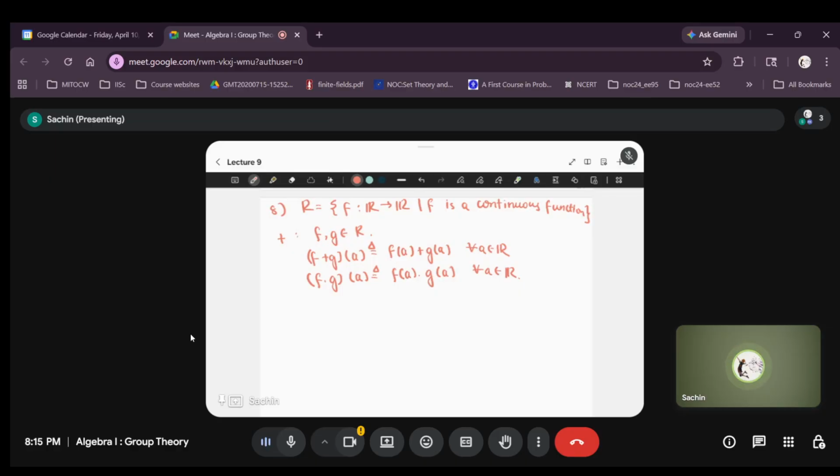We'll assume that it is true. Then addition is commutative because addition is commutative in real numbers. So f of a plus g of a is equal to g of a plus f of a.